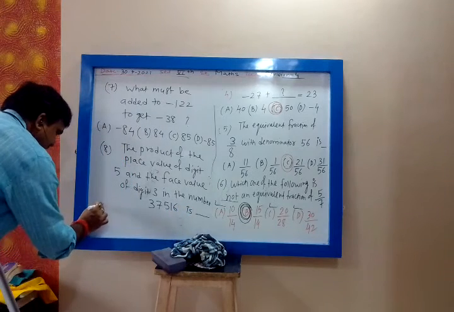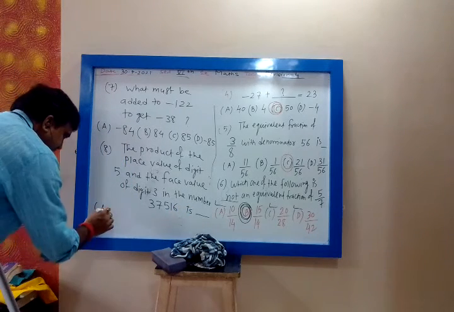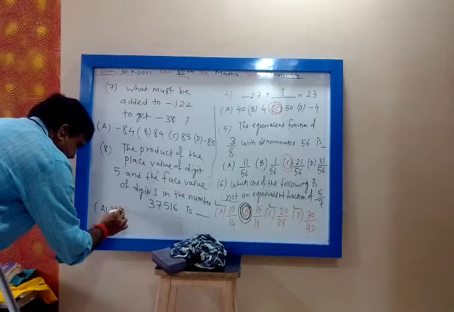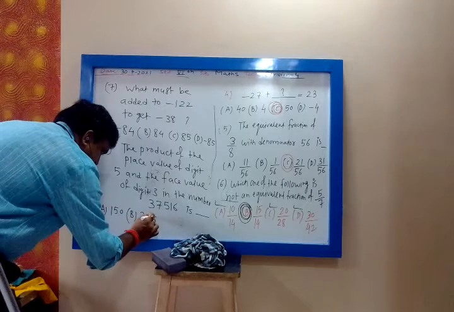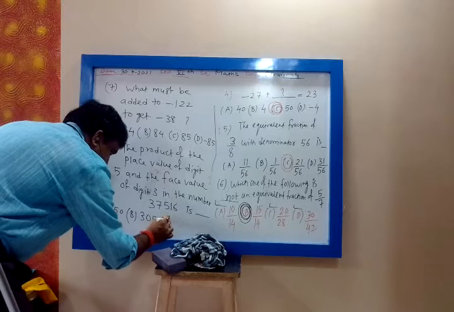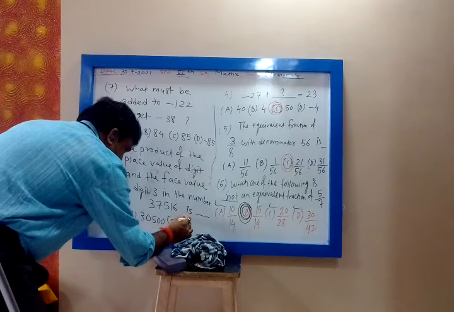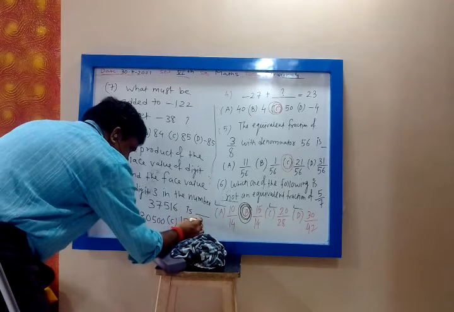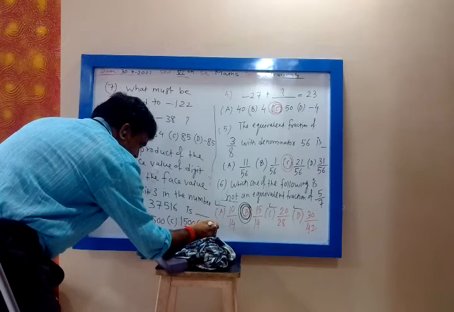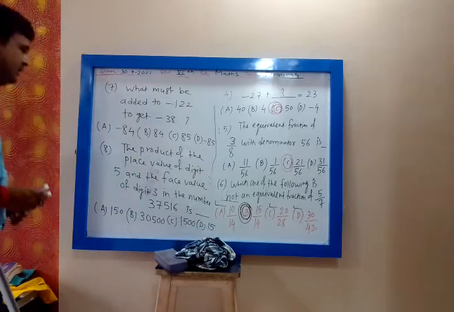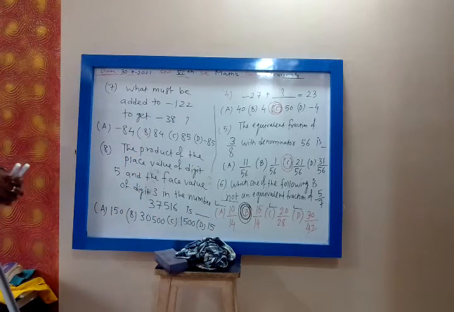A is 150, B is 30500, C is 1500, and D is 15.